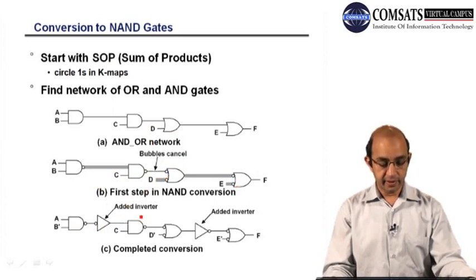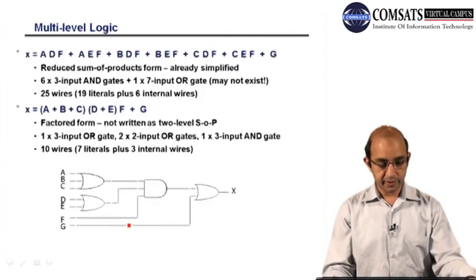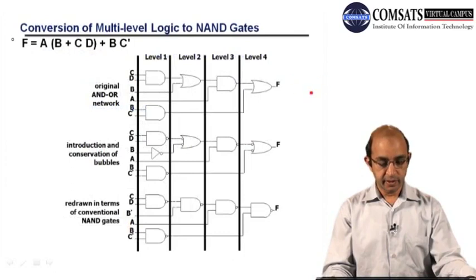And here you can see we have to balance out, so we have introduced an inverter here, another inverter here, and this is the bubble that is controlled externally. So now we have the all NAND representation. These are the levels: first, second, third and fourth.